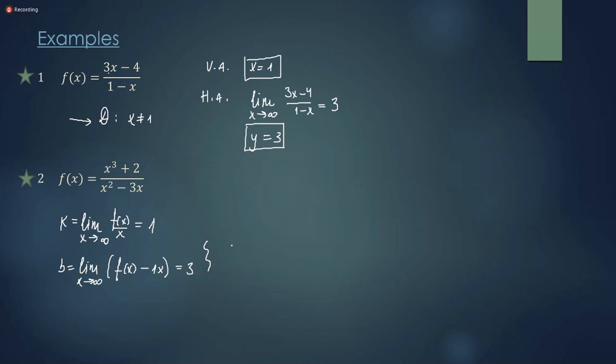I don't want to bring up my notes at the moment and check once more. So the slant asymptote for this was 1x plus 3, x plus 3. I would say something, or minus. I think, no, it was plus, I think.